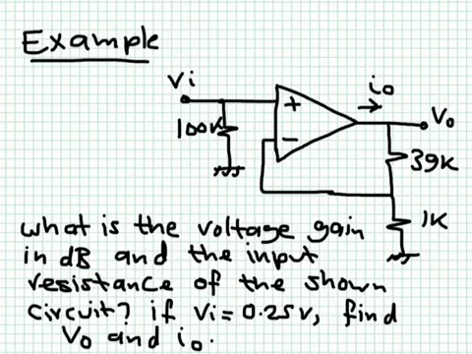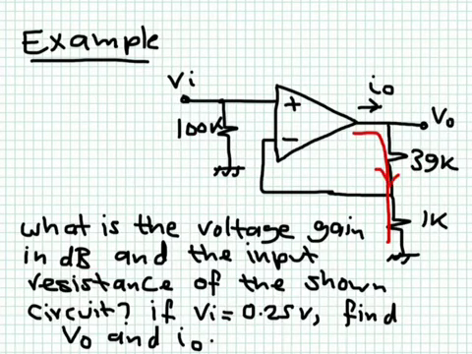Now, if Vn is equal to 0.25 volts, what is the output? The output is simply equal to the gain, which is 40, multiplied by 0.25. So this will give you the value of 10 volts. Now, how do I determine I out? Very simple. This current I out, because there is no load connected, will have to flow into this resistance here.